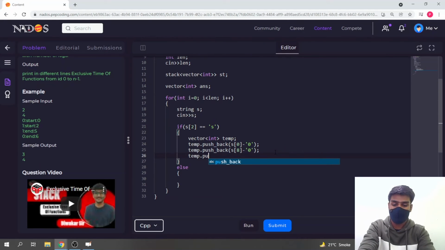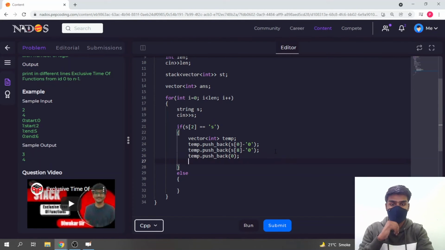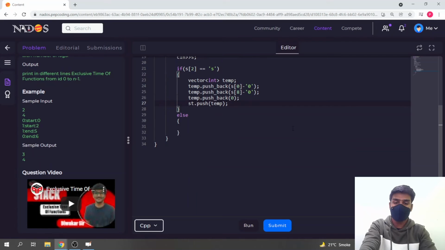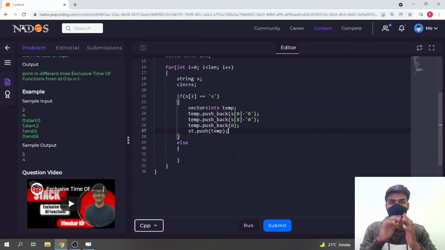And then I will push 0 as the child execution. And then I will push my whole vector inside my stack. So my if part is completed. If the function is starting, then this part will work. Now I have to write the else part. Inside the else part, I have to create a vector.